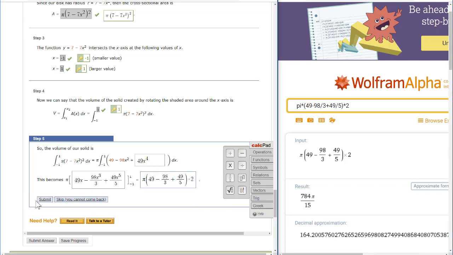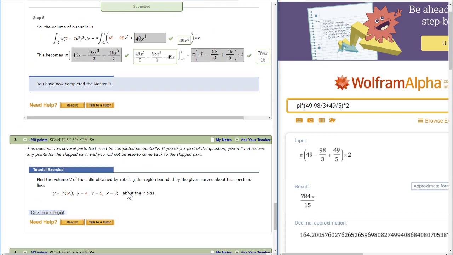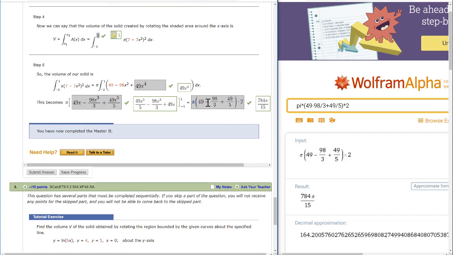I think this would be correct because when they're asking for symbols, they usually run it through a parser and then find the equivalent value, actually using Mathematica as well. So they check this off as being correct, and mathematically it's 784 pi over 15, which is what we got anyways. So just be careful when you're doing this arithmetic to get the answer.